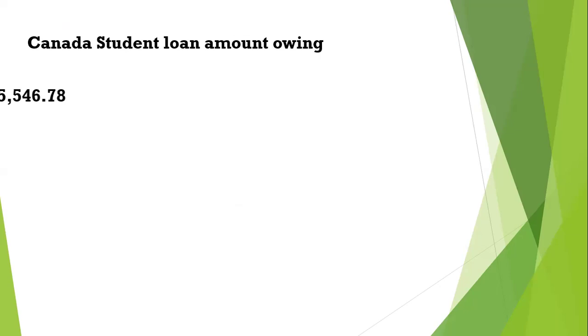The question is, how do they distribute this? You have a part that says Canada Student Loan amount owing. This part is only the Canadian version. It could be 35,000 for this example, 35,546. On this part of the loan, you are not paying interest.